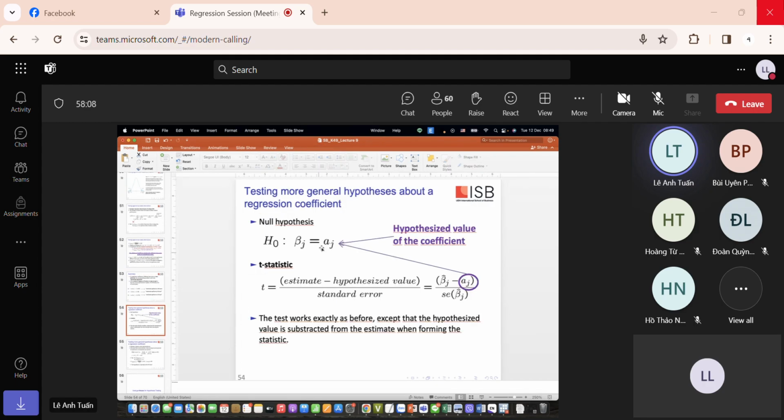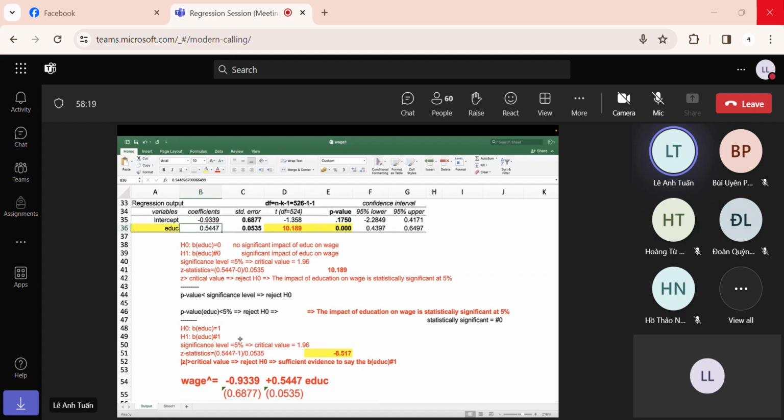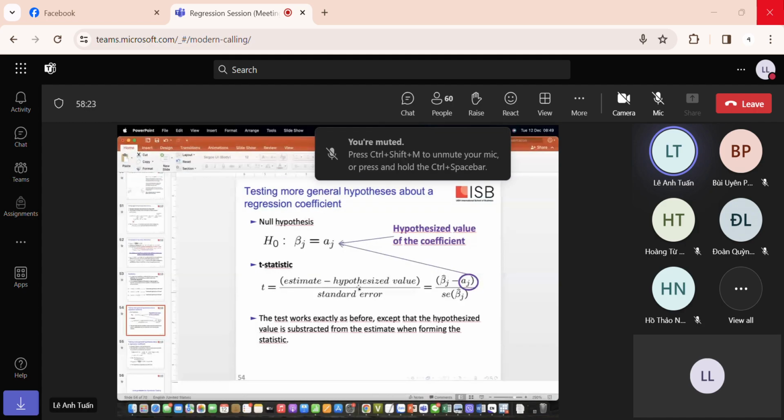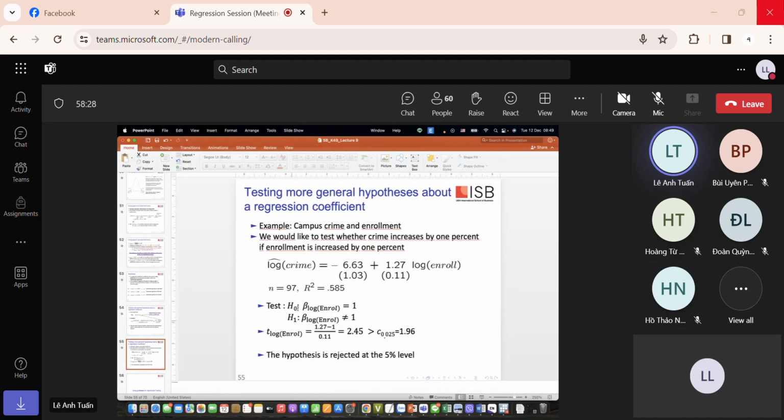Similarly, we would like to test whether the coefficient equals a given number. I already showed you here: we would like to test whether the coefficient is equal to one or different from one. We also calculate the t and make the decision in a similar way. If the t is larger than the critical value, we reject the null hypothesis.